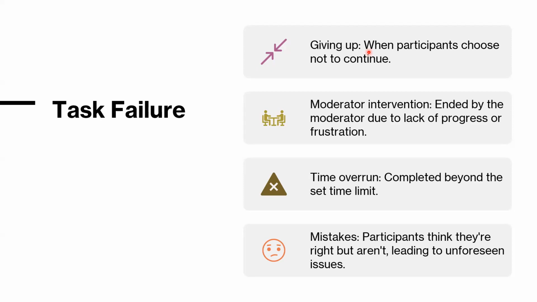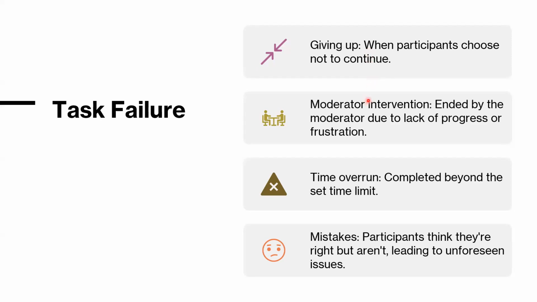For example, enterprise systems, such as ERP systems, are very large and complex. Users don't know what to do or how to continue, so they give up.